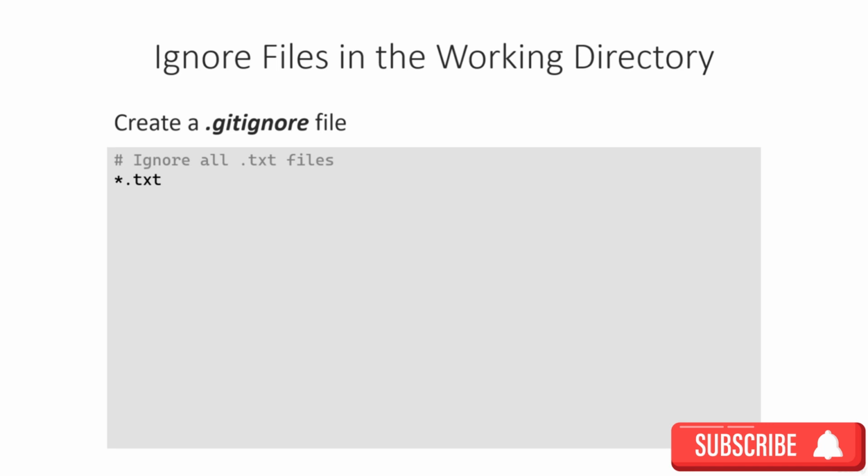This includes also text files in subdirectories. As you can see also here, with a hash, you can add a comment in this git ignore file. With an exclamation mark, you can say, hey, but please do not ignore the readme.txt file.